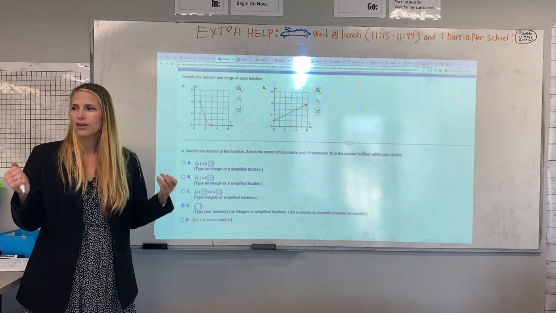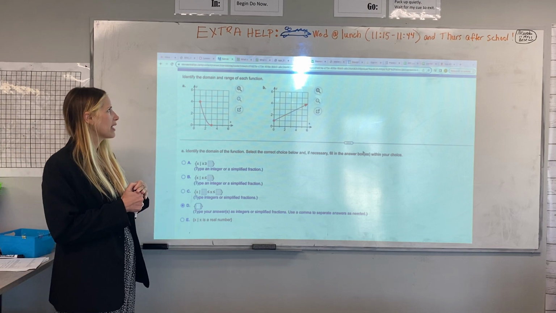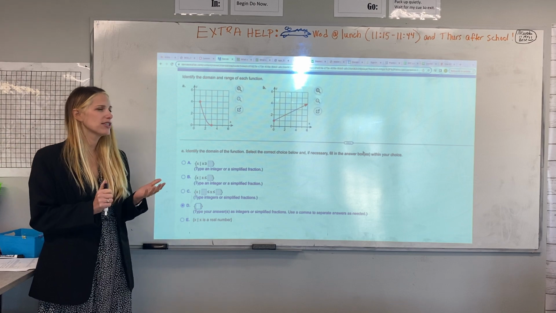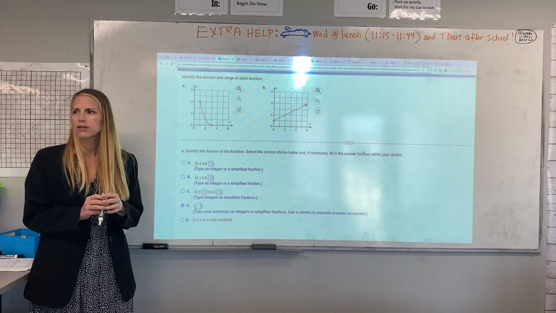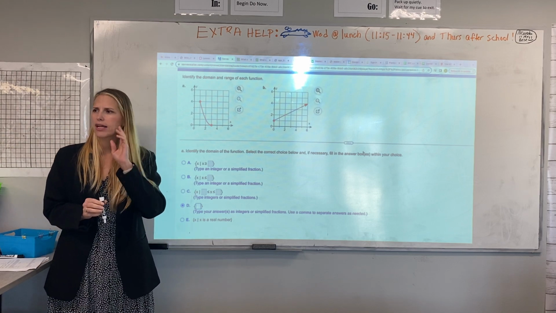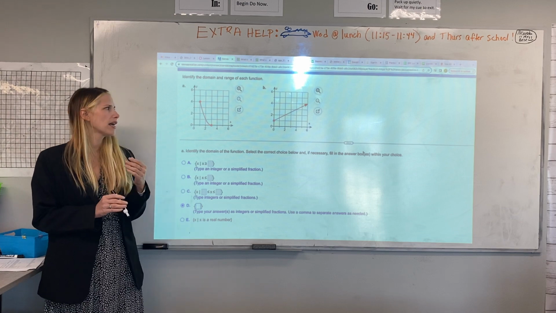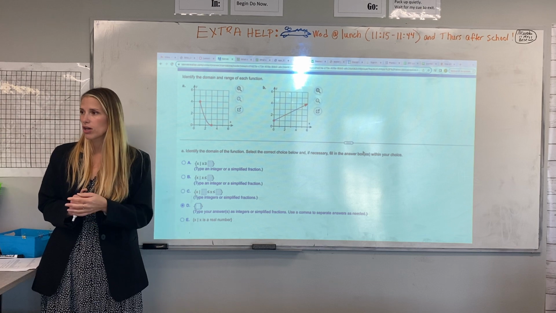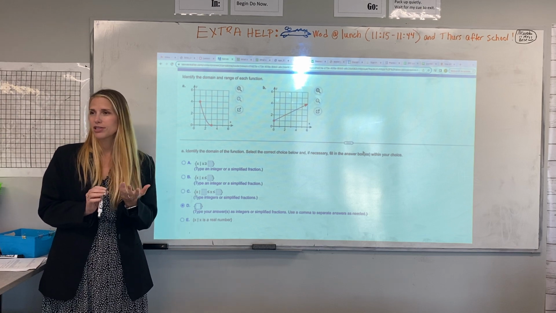Okay, so yesterday we talked about identifying the domain and range of a function. They're giving us two functions here. One question I got yesterday in class was when they saw this, they said, but this one isn't a line. Yes, sometimes functions are curves. Sometimes it looks like a smiley face.